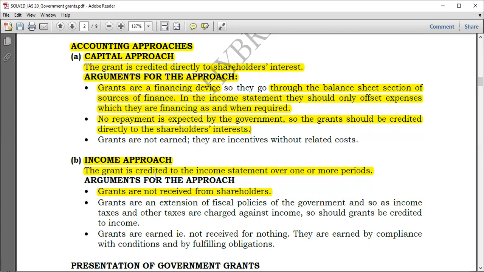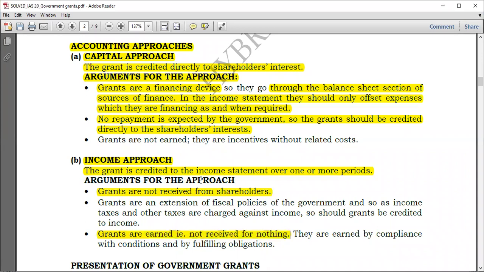But under the income approach, there's an argument that grants are earned. We say that if you earn something, it should be reflected in the income statement. Revenue and income are always earned. We use the accrual basis in the income statement: recognize revenue and income when earned, recognize expenses when incurred. So grants are earned and are not received for nothing.